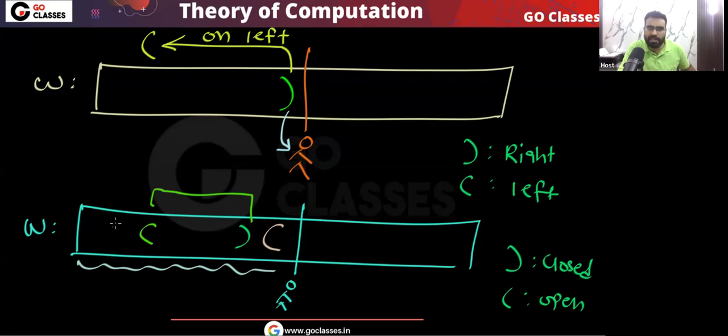Yes or no? But there can be extra open parentheses, because maybe for these open parentheses the closed parentheses can be somewhere here. Do you agree with me? Please tell me.